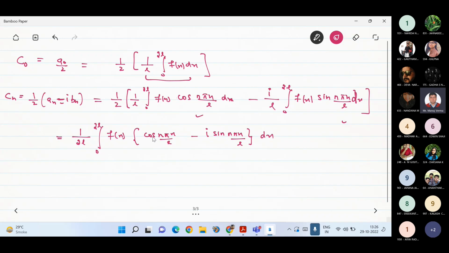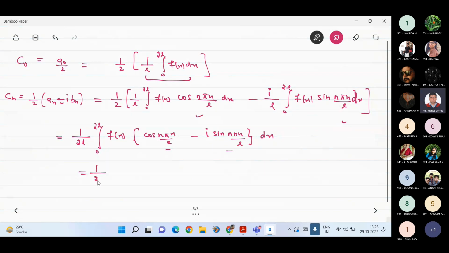In the limits 0 to 2L, I am taking f(x) as common, and this cos(nπx/L) minus iota sin(nπx/L), I am combining in a single term. Now again, with the help of the Euler formula, this I can write as cos θ minus iota sin θ.